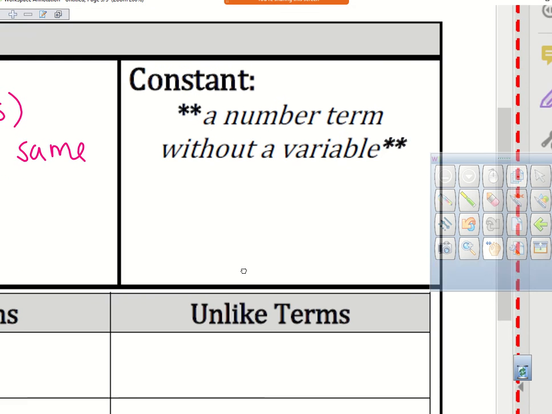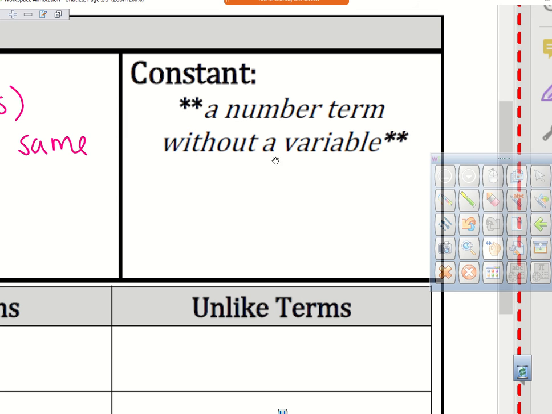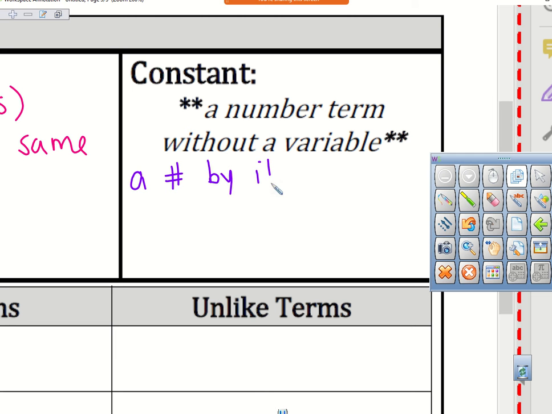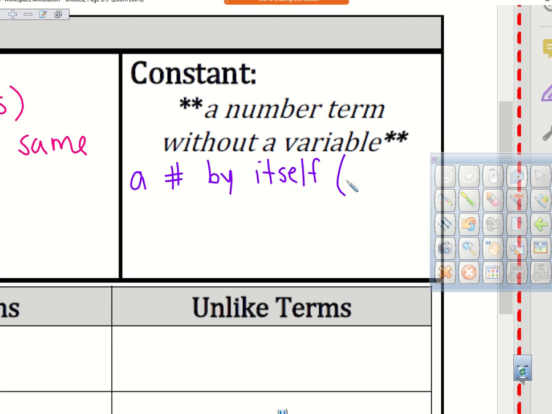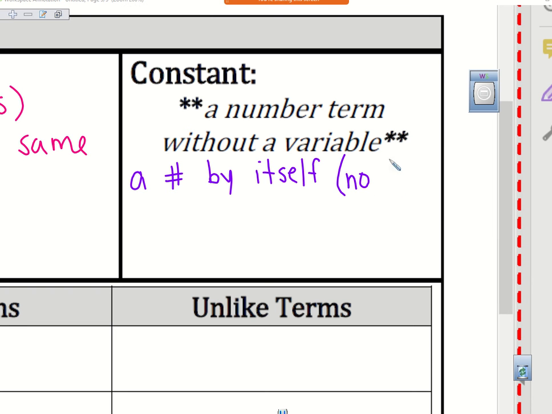A constant, a number term without a variable. I want you guys to write here a number by itself, no letters. That's your constant term, a number by itself, and no letters. Those are our variable terms. All constants are like terms. We're going to put that as well.